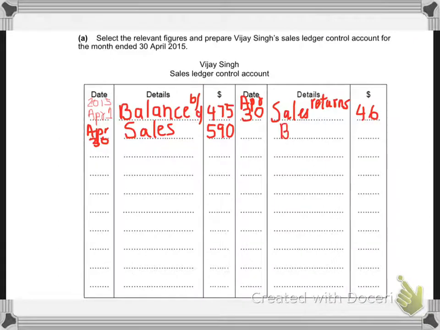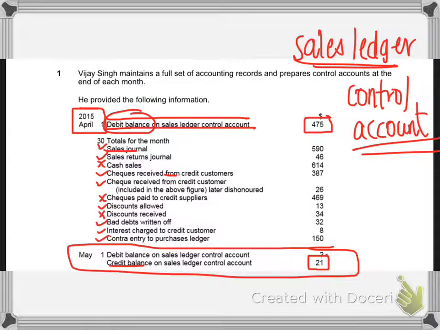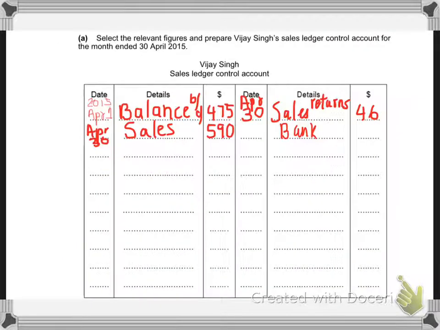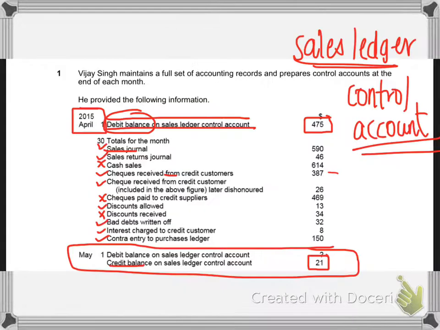We're going to record bank, and the amount is 387. And I had mentioned the dishonored amount. So this is the dishonored amount of bank. The dishonored amount will go on the debit side, so the amount is 26.